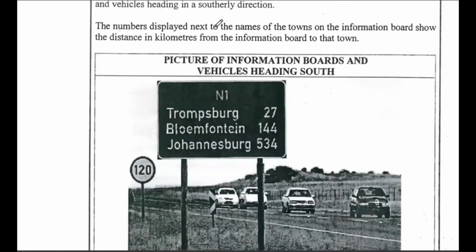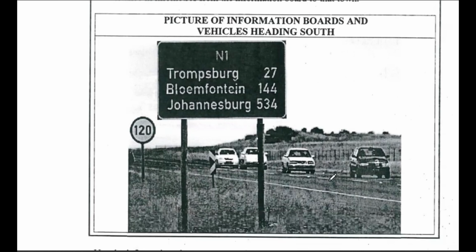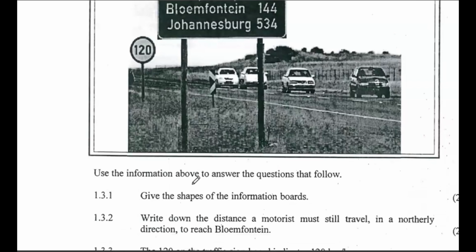The numbers displayed next to the names of towns on the information board show the distance in kilometers from the information board to that town. These vehicles are going southerly, and the picture is showing the distance to the north.